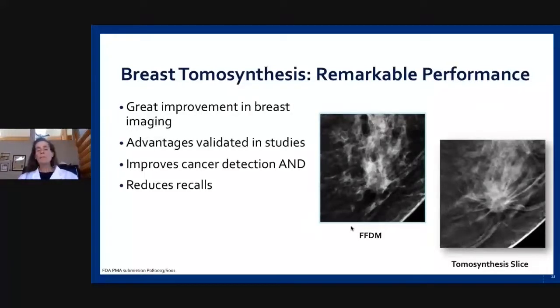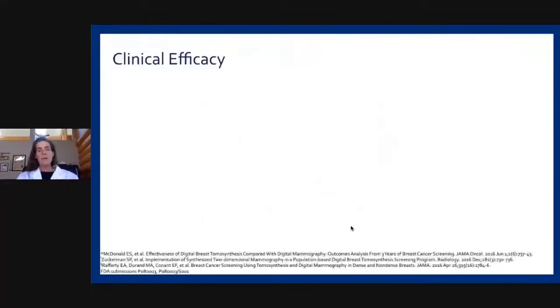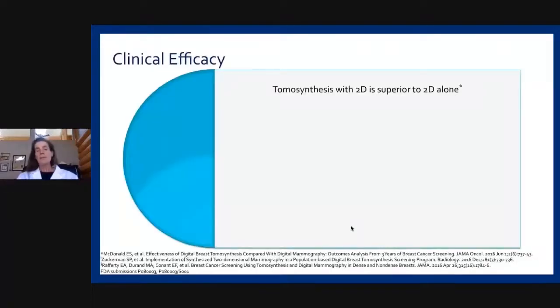And tomosynthesis was really wonderful, as we know, because it decreased our recalls and improved our cancer detection. And there have been studies out there, of course, that have been published in JAMA, in many of our journals, for sure, that show the efficacy of tomosynthesis. We know it is superior with 2D than just 2D alone.